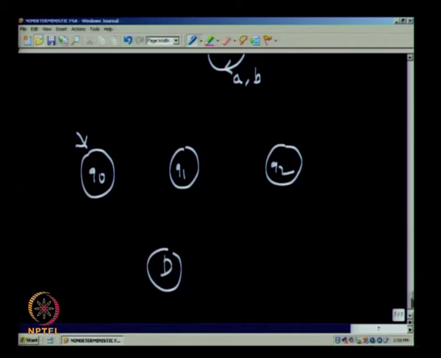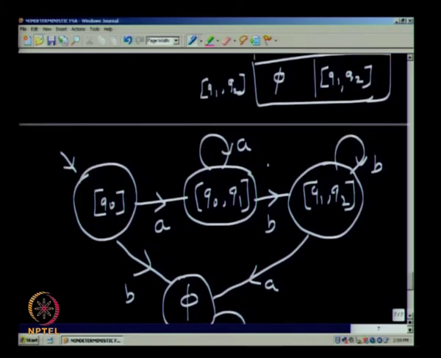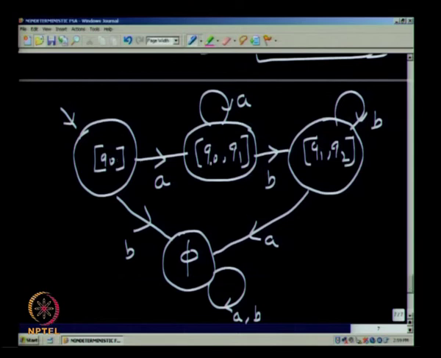So, you can see that this is a deterministic diagram, because from here if you get a you go here, you get a b you go here, from this if you get a you go here, you get a b you go here, from this if you get a you go here, from this if you get a b you go here. This corresponds to the dead state, the empty set corresponds to the dead state. So, using this construction we have converted the non-deterministic automaton into a deterministic automaton.